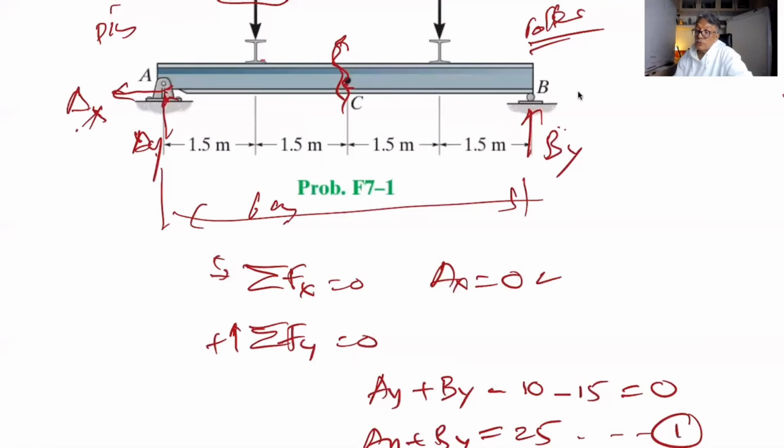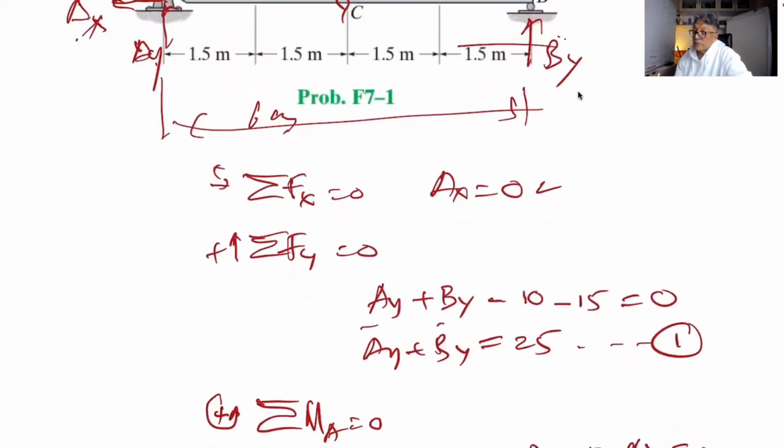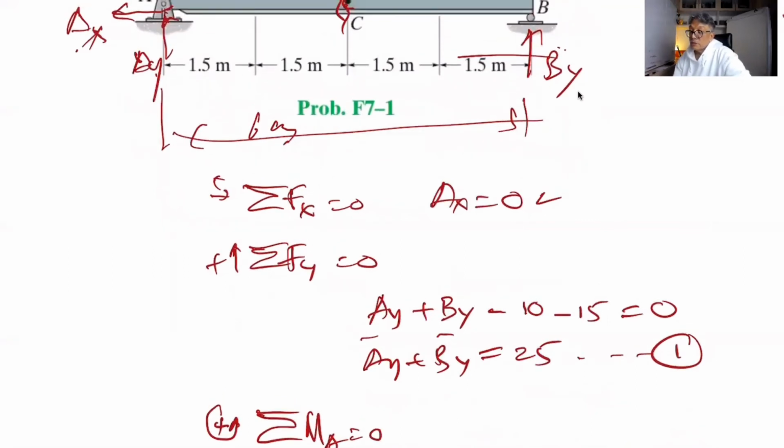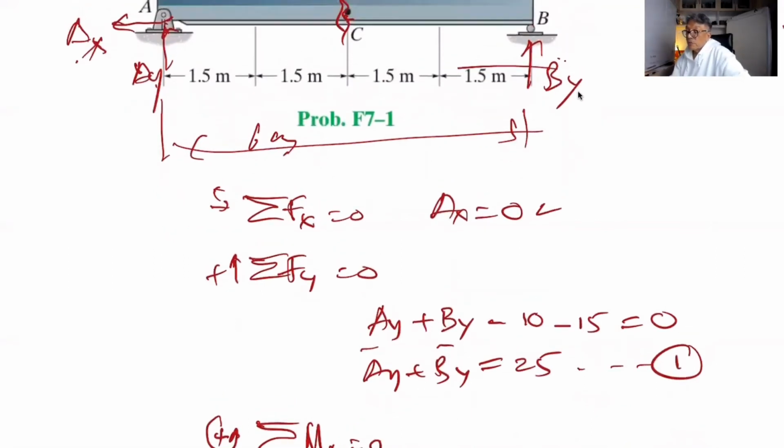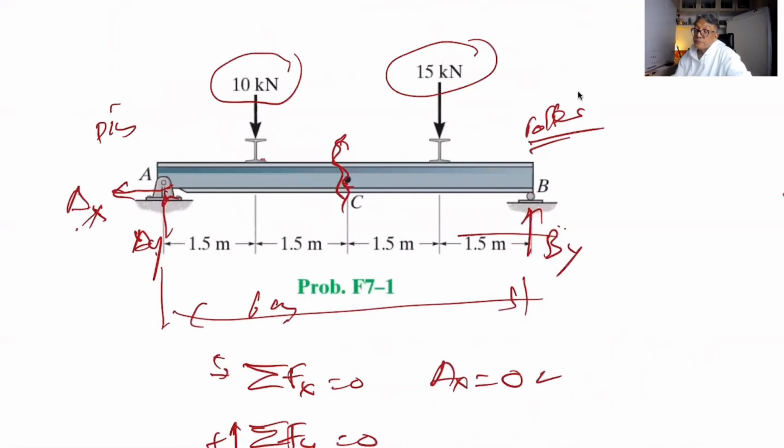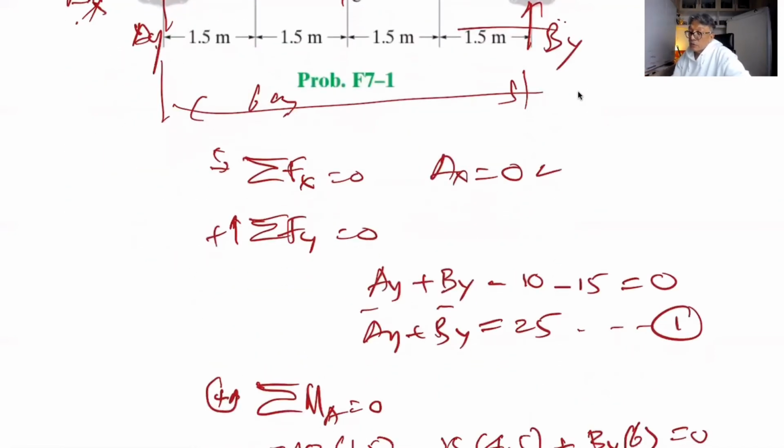So let's see what we have here. We have AY and BY, plus because they are in the upward direction, and then minus 10 and minus 15, equal to 0. So AY plus BY equal to 25. Let's note this as equation 1.